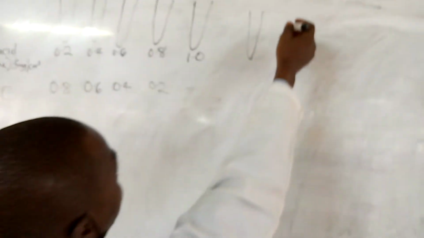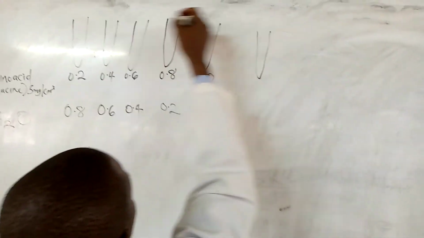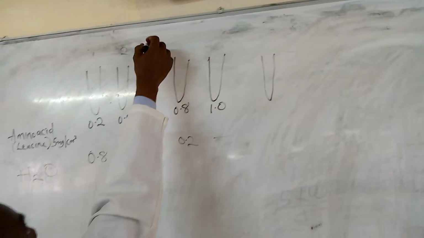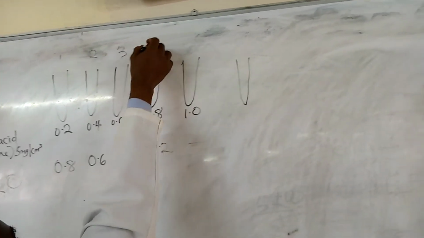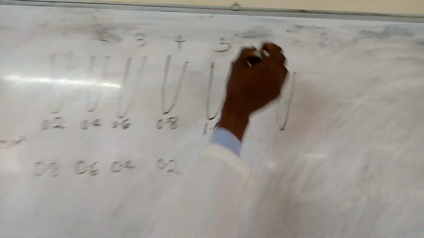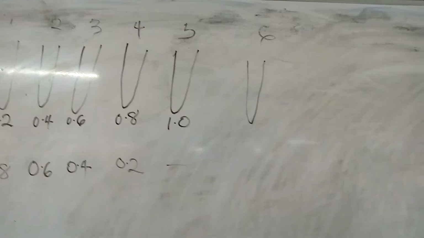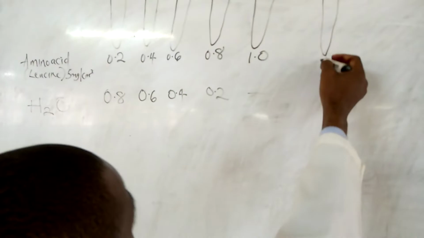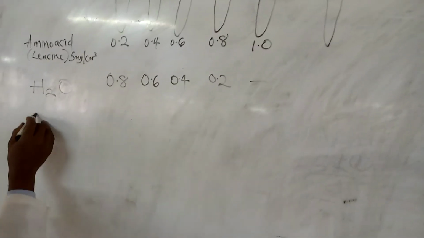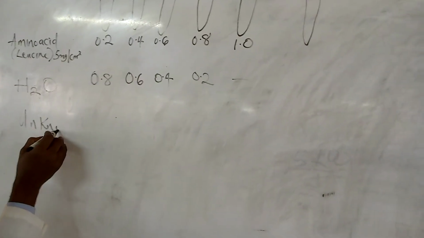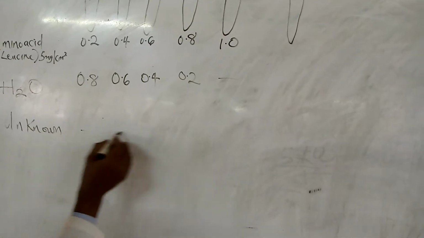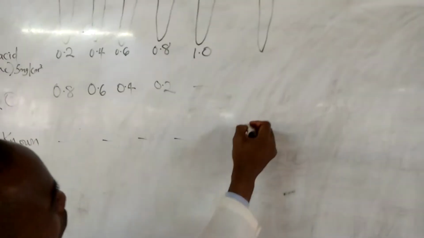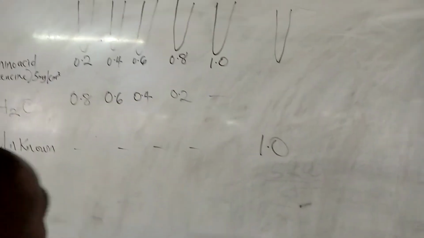So this will serve as our unknown, which is tube 6. So this is tube 1, tube 2, tube 3, tube 4, tube 5, then tube 6 for the unknown. And then we just take 1 mil for our unknown.